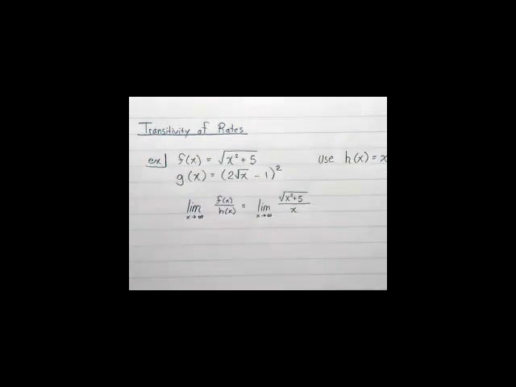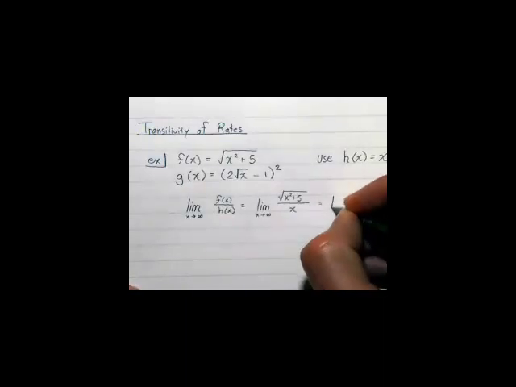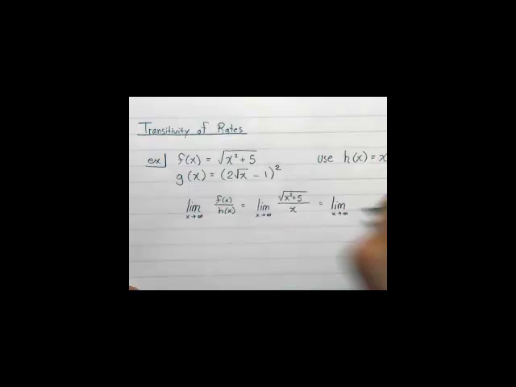Now, I could jump into L'Hopital's rule here and all that. Don't need it though, because I can do a little bit of manipulation on this one and rewrite it. So you see the little trick I just did there.